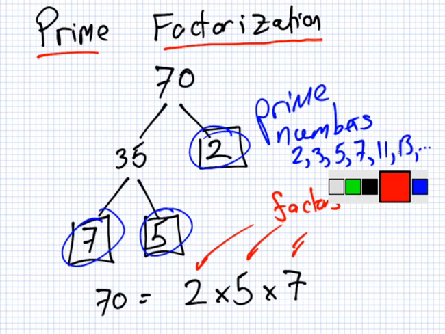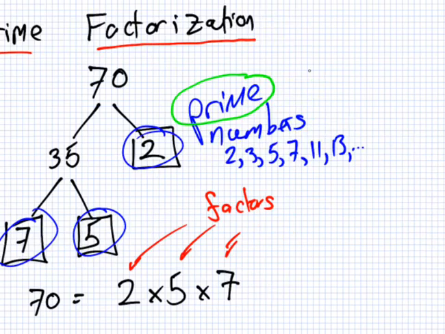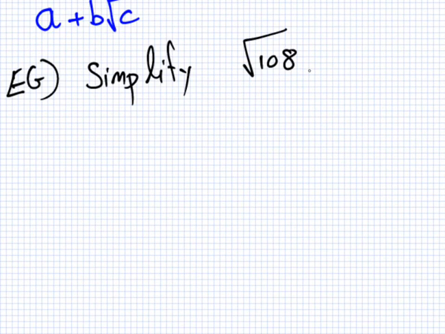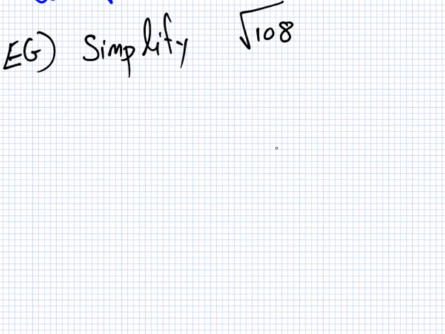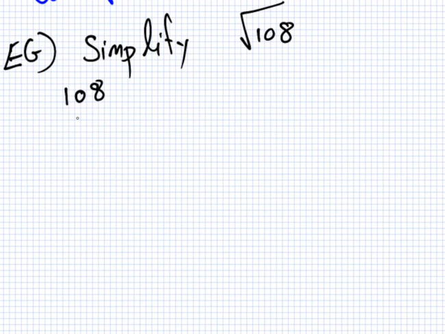So for example, if you have something like 70, you can say 70 is 35 multiplied by 2, and 35 is 7 multiplied by 5. So at the ends, you have 2, 5, and 7. So you can say 70 is 2 multiplied by 5 multiplied by 7.